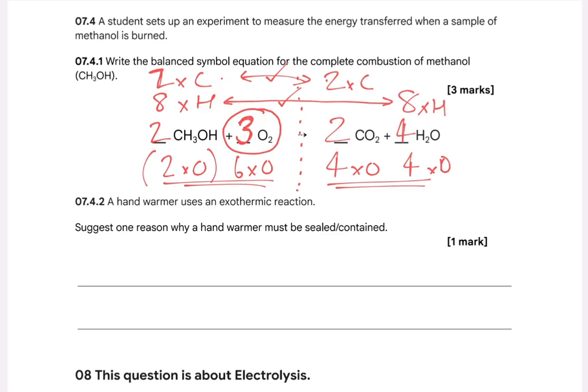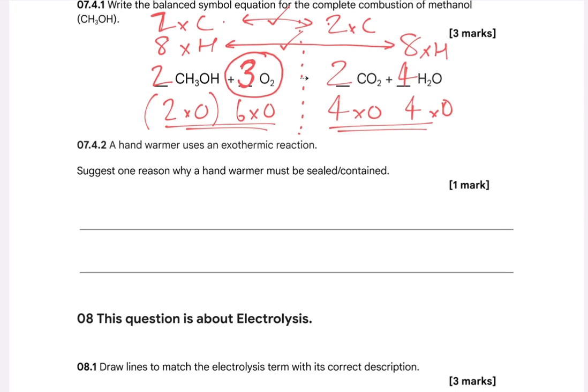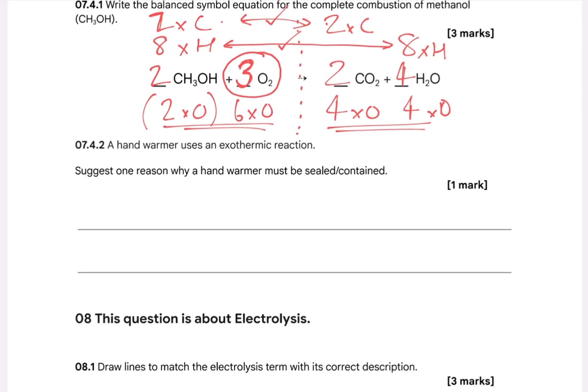So, moving into the next question then, to the final part of question 7. A hand warmer uses an exothermic reaction, which is good, but why must that hand warmer be sealed? And so it's suggesting a reason, so it's not asking us to state the very one reason what is going on.